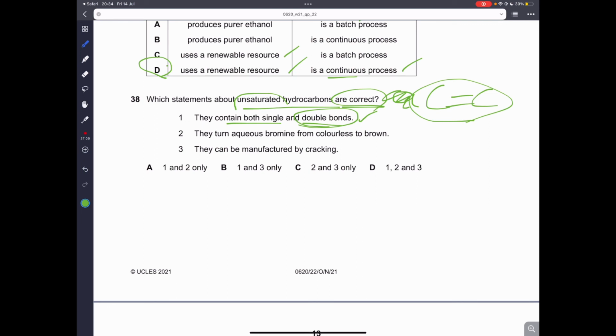So 1 is correct. Statement 2, they turn aqueous bromine from colorless to brown. It's just wrong. When you add bromine to unsaturated hydrocarbons, they turn the bromine, which is brown, to colorless. So this is actually the wrong idea. Statement 3, they can be manufactured by cracking. This is correct. Alkenes can be manufactured by cracking.